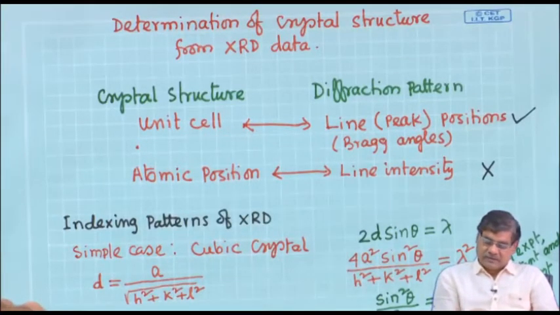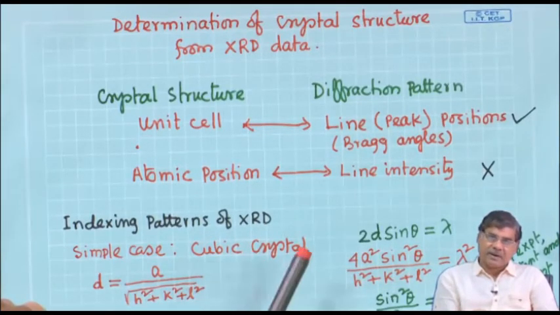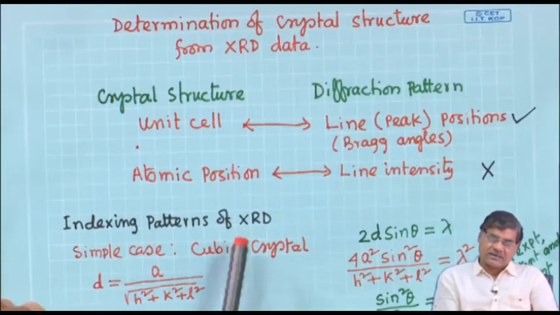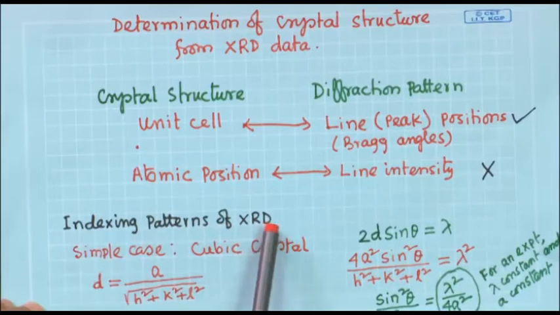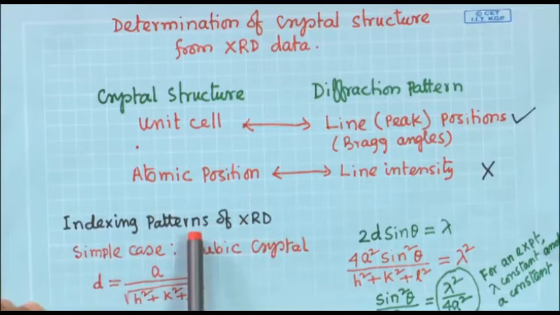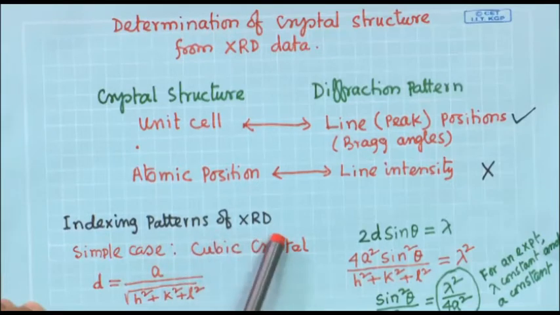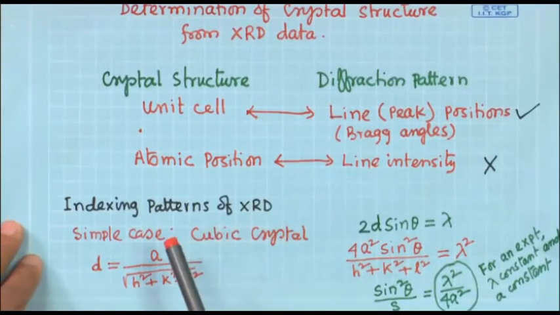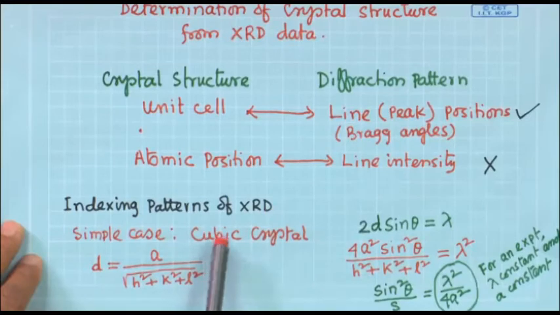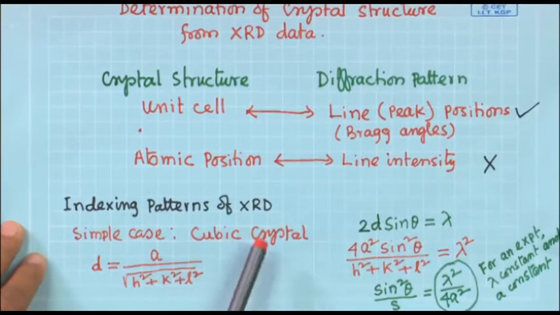That diffraction pattern I have shown you has many peaks. The first task is to index those peaks, which is called indexing the XRD patterns. For crystal structure, there are 7 crystal systems and 14 Bravais lattices. Out of the 7, one system is the cubic crystal, which is the simplest one.